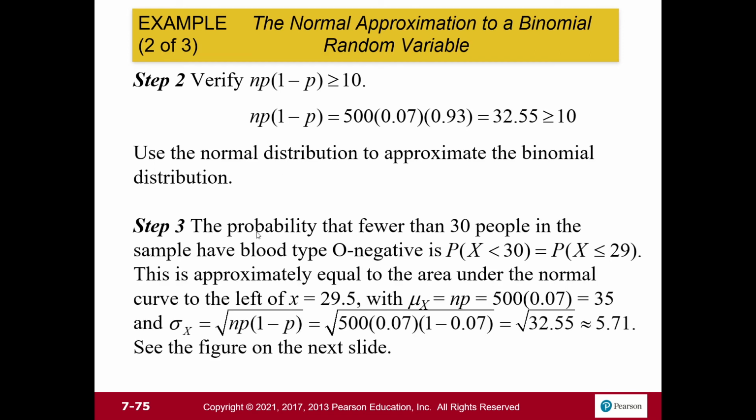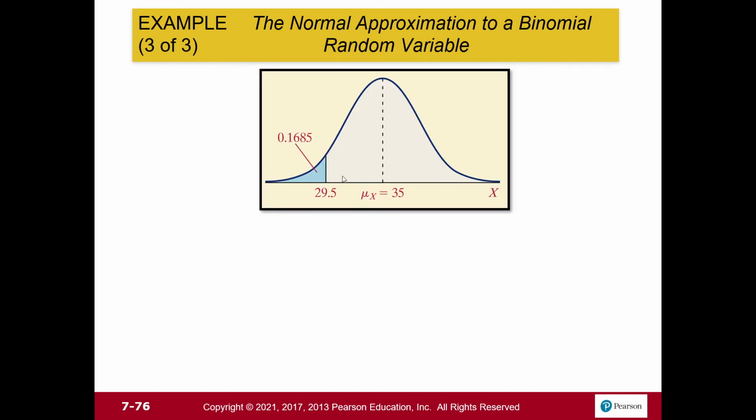We need to find the probability that fewer than 30 people have type O. So what we do is get the mean and the deviation, and now we're going to calculate it.